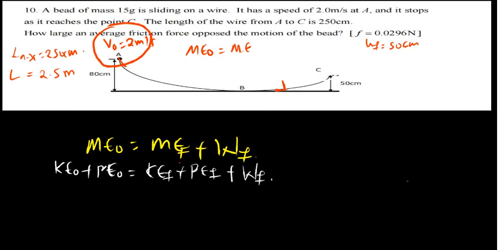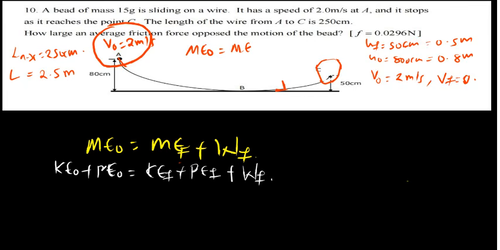Then we have H initial, which is 80 centimeters, which is the same as 0.8 meters. We also have the initial speed, which is 2 meters per second. But the final speed, when it reaches C, is going to be 0. So now let's continue with this formula.